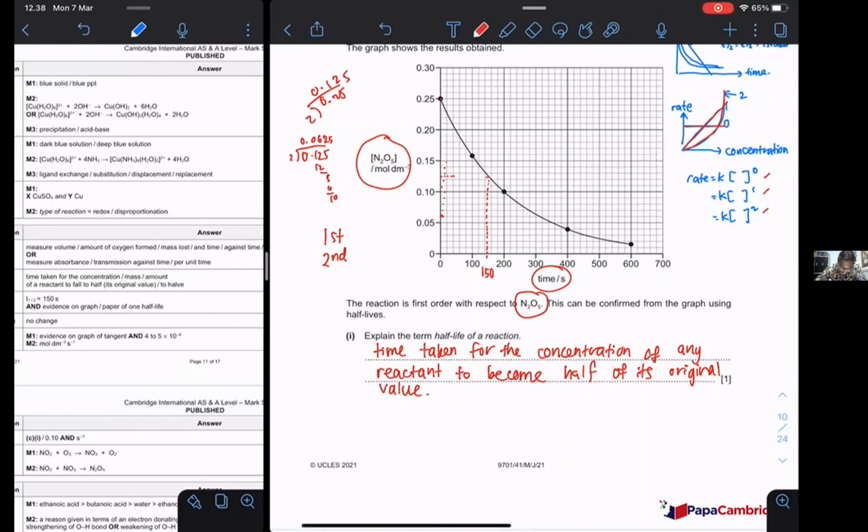If I bring it over here, touch here, then come down, it's 300.